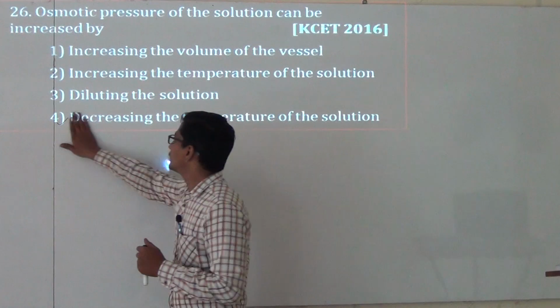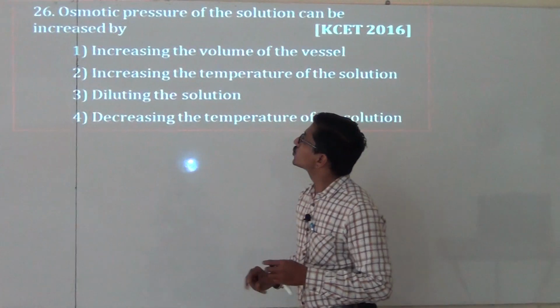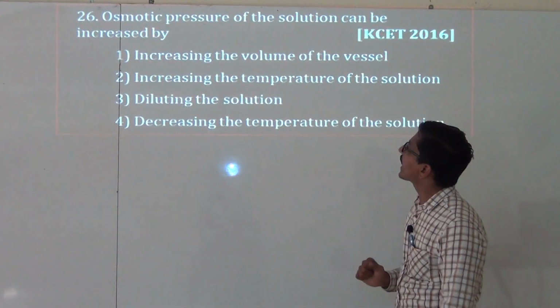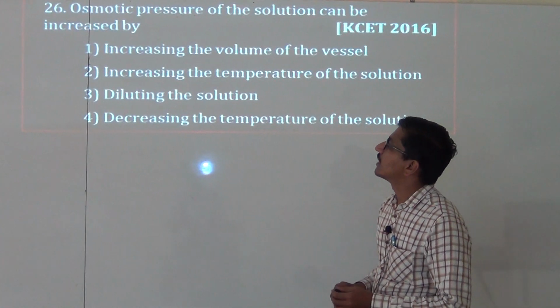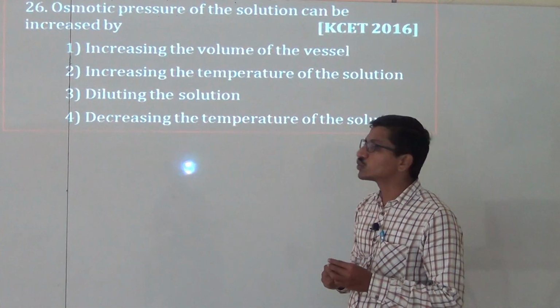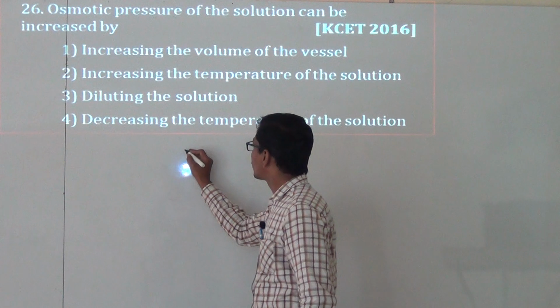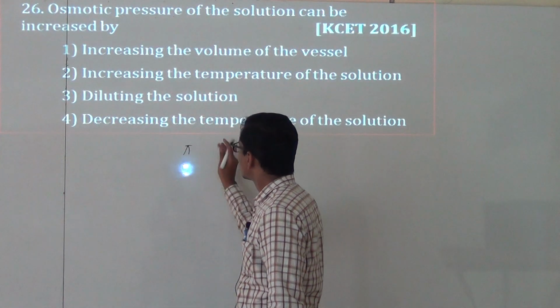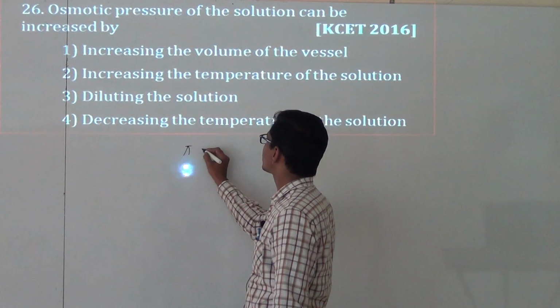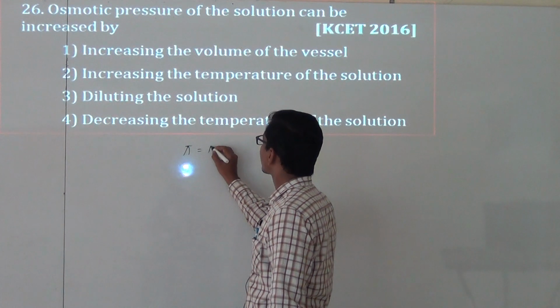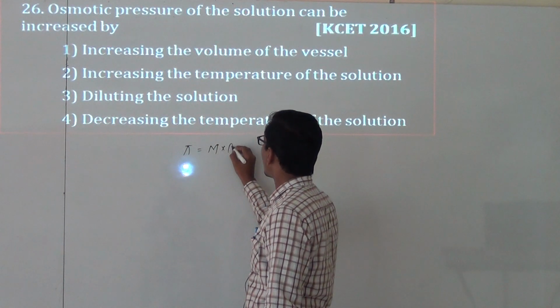Next question is, osmotic pressure of a solution can be increased by. The relation of osmotic pressure is π equal to C into RT.